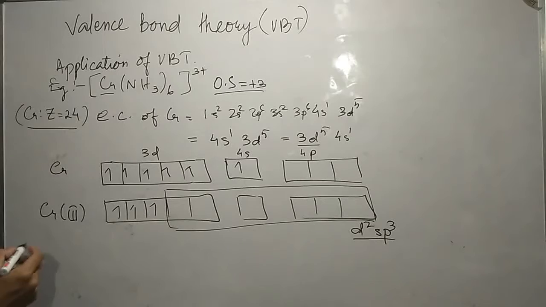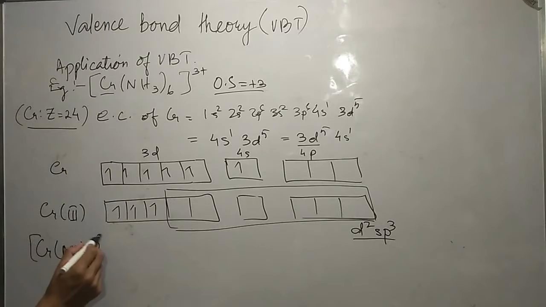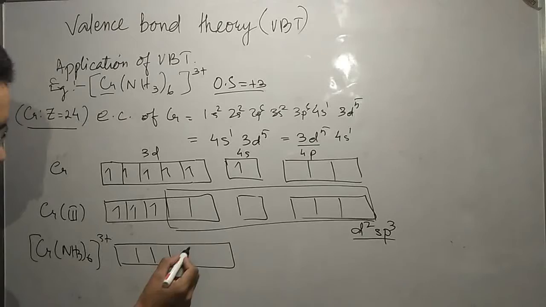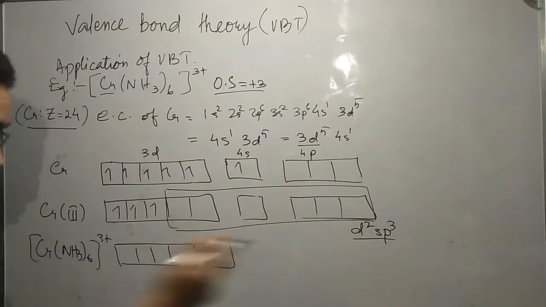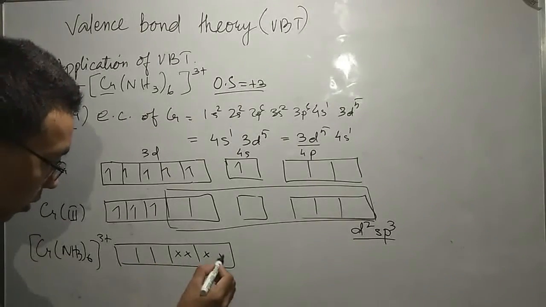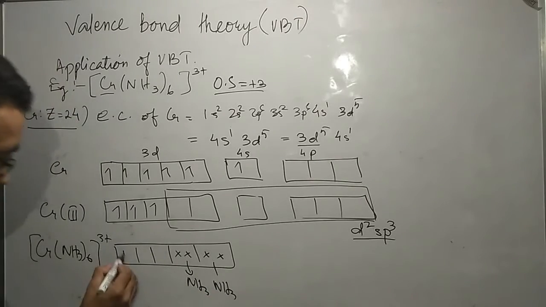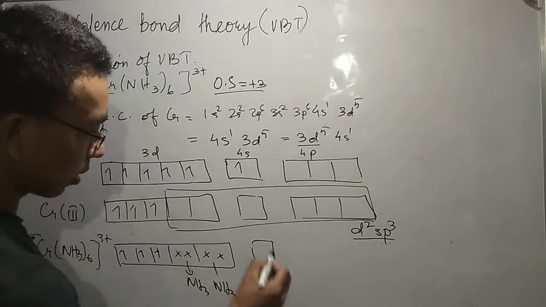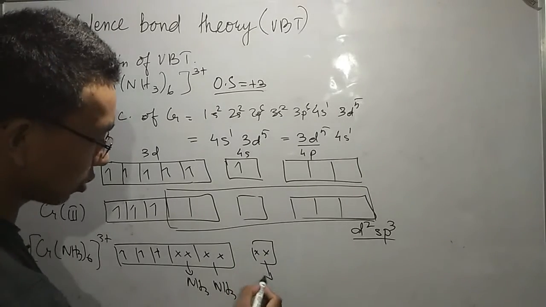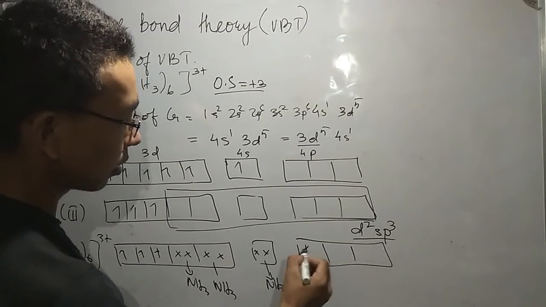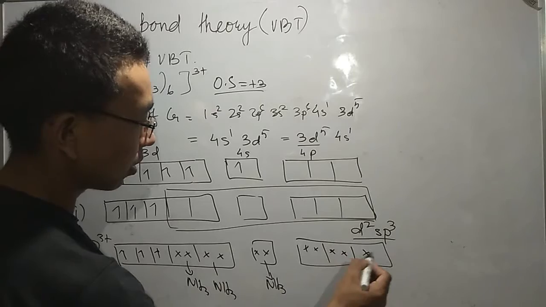Now for the complex formation, all these empty d2sp3 hybrid orbitals will be filled with the ligands NH3. NH3 donates electrons here, and here also it is NH3, and here NH3.